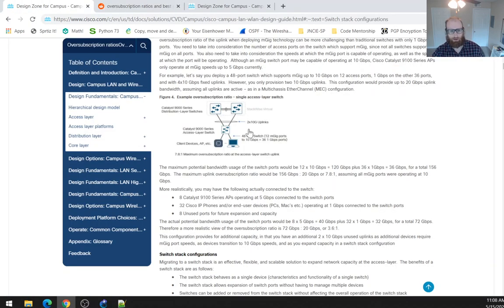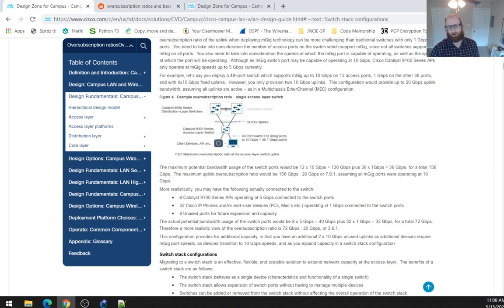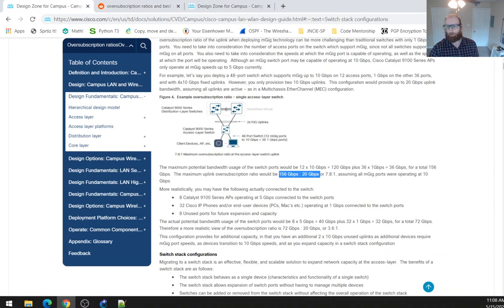Here we can see the uplink has 20, which is second, and then here has 156, so it's an edge to uplink ratio instead of an uplink to edge ratio. So if this were an uplink to edge ratio instead of an edge to uplink ratio, the same way these are uplink to edge ratios, it would be 1 to 7.1.